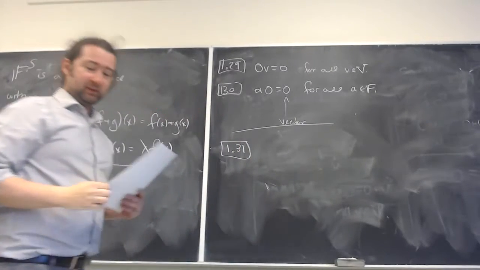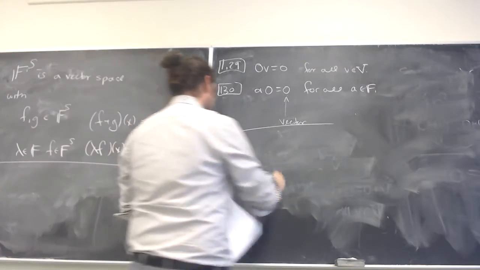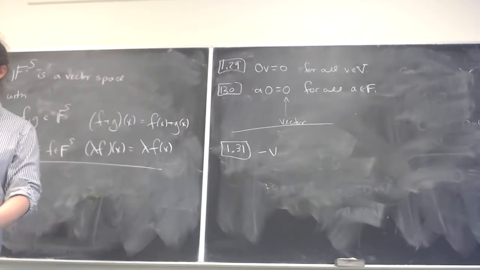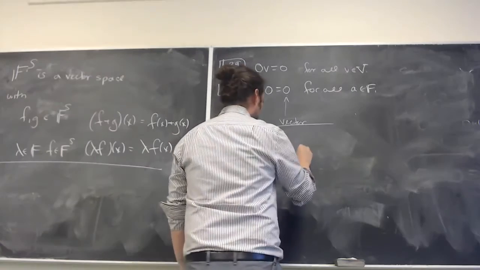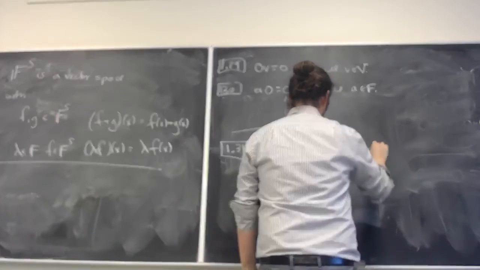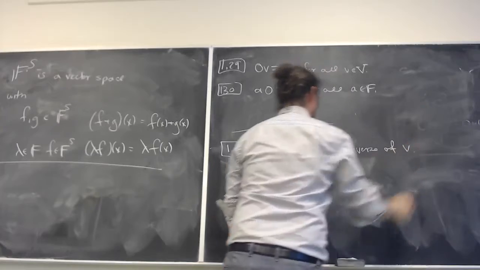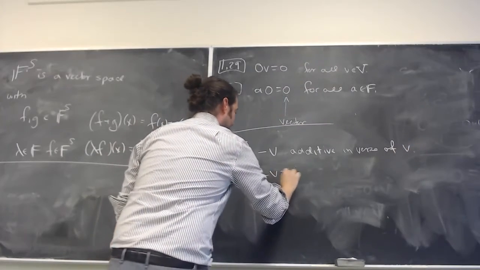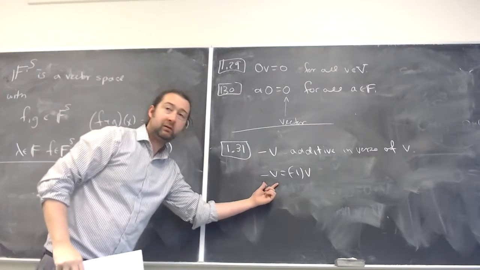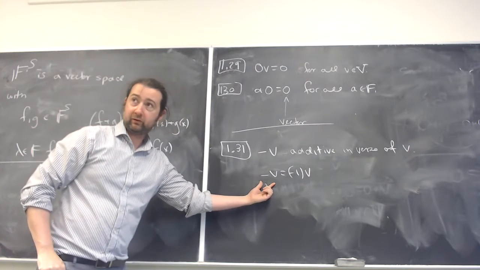And then finally, my favorite fact, one that I might prove just because it's so amusing, but maybe not, is the fact that minus v, remember, minus v stands for the additive inverse of an element, right? Minus v is the additive inverse of v. Well, it turns out to be the case that minus v is equal to minus 1 times v. This is a name for the additive inverse of v.